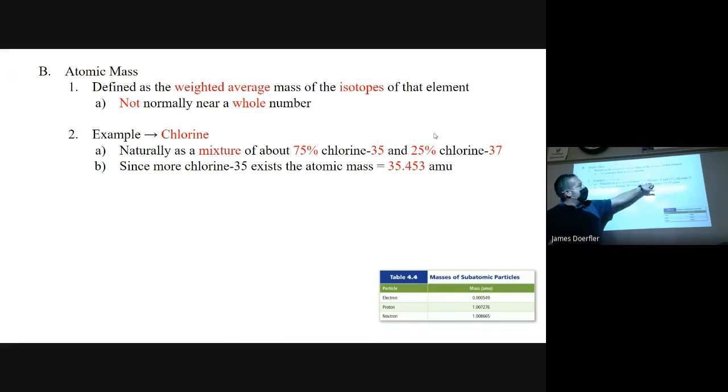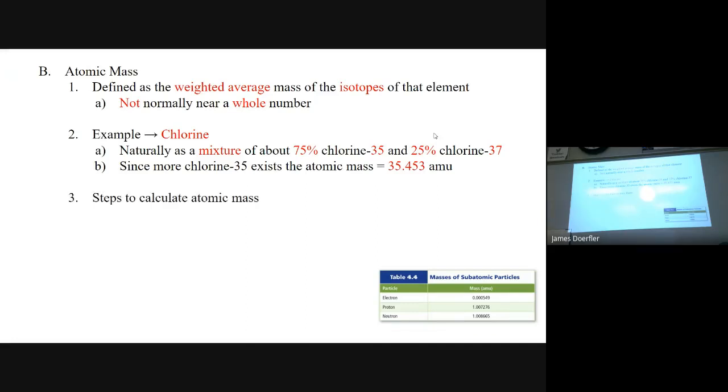So 75% is chlorine-35. The other 25% is chlorine-37. We would expect this answer of the average being closer to the chlorine-35 because it has 3/4 of the entire known abundance of chlorine.